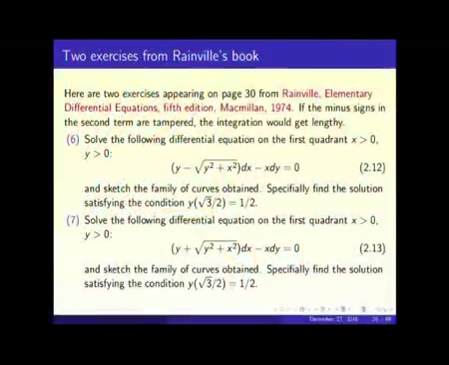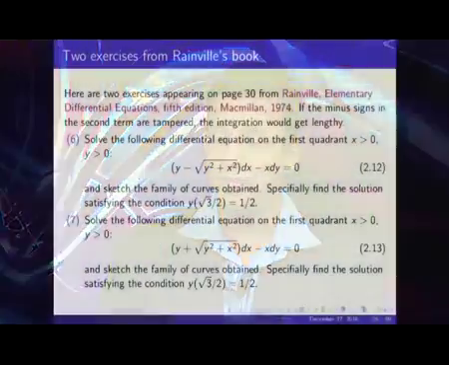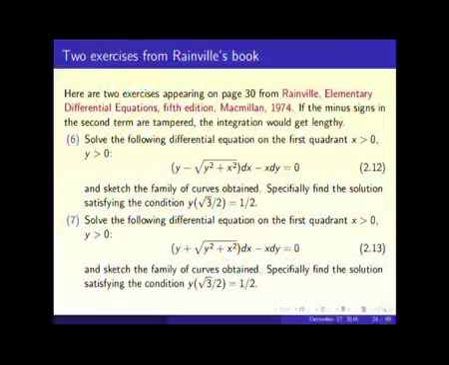Now let us go back to some more exercises on homogeneous differential equations, the y equal to vx substitution that we have been talking about. So I want to illustrate with two examples from Rainville's book. I already mentioned Rainville's book earlier, and we are going to take two more examples from it. Example 6: (y minus square root of y squared plus x squared) dx minus x dy equals 0.